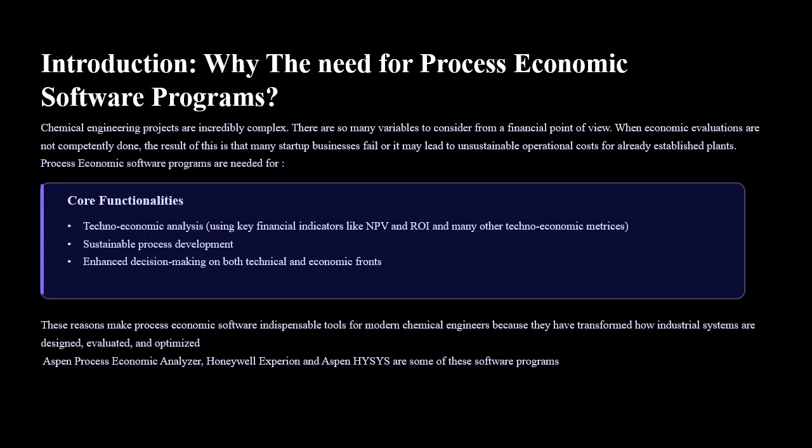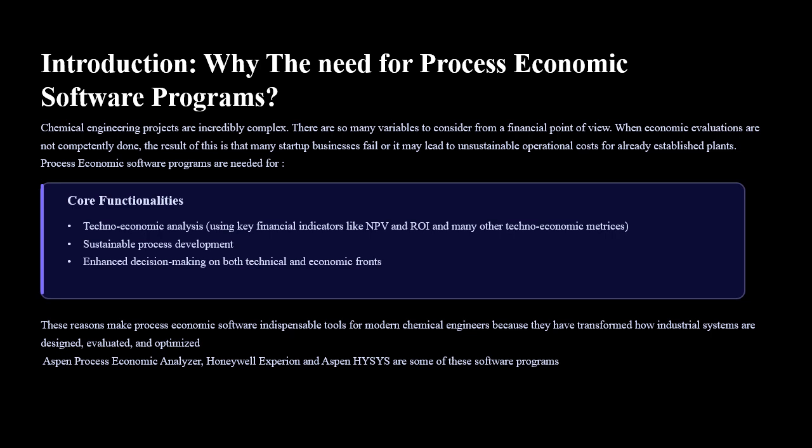Finally, they enable enhanced decision making on both technical and economic fronts, that is, on the part of the engineers as well as investors. And this ensures that engineers make the best possible technical decisions that yield the highest economic results.